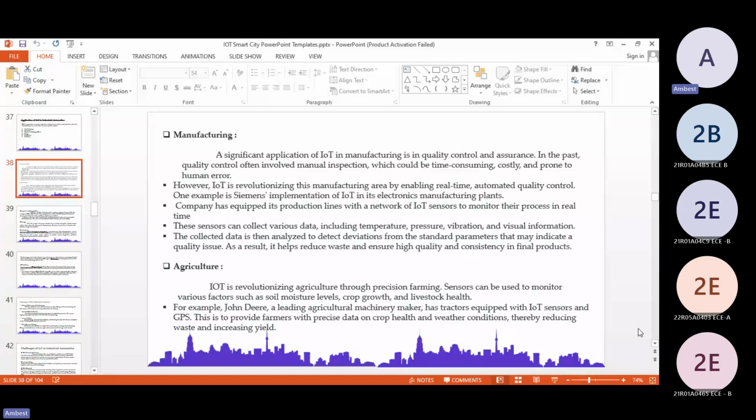Thereby, it reduces waste and increases yield. So with these IoT applications, he got an advantage on crop health and the weather conditions.